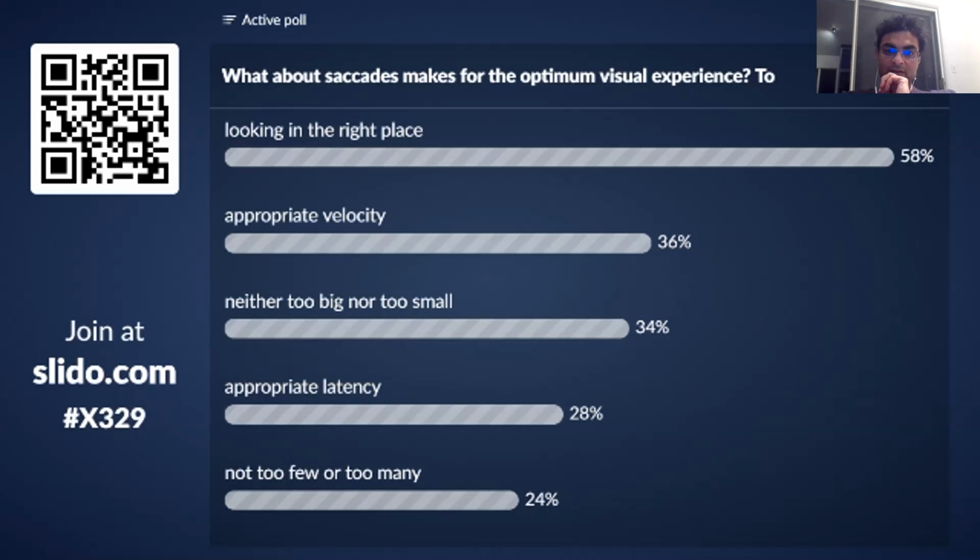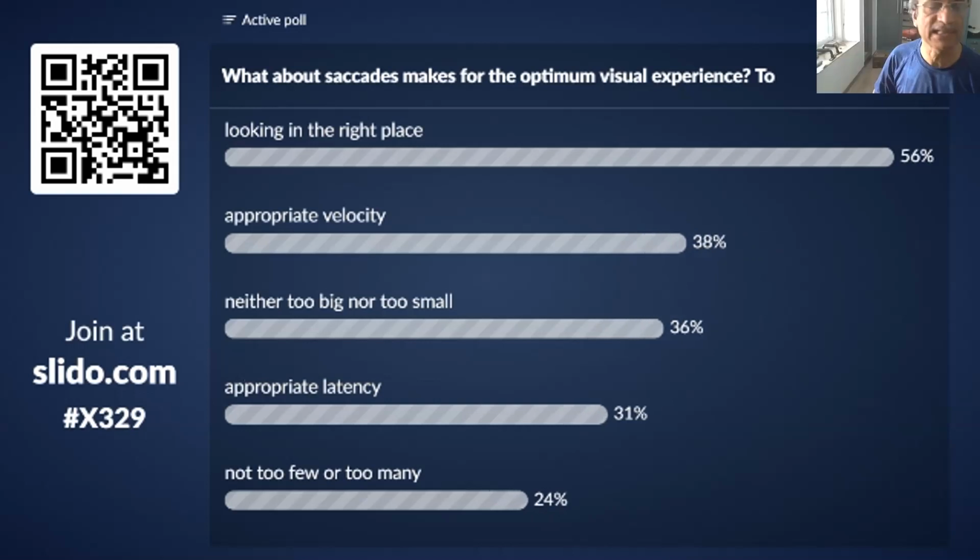Just so you know, all of the answers can be correct. You can select multiple answers also. It's not necessarily one answer. In some questions it will be one answer, and if there is that check thing, you can select multiple answers.